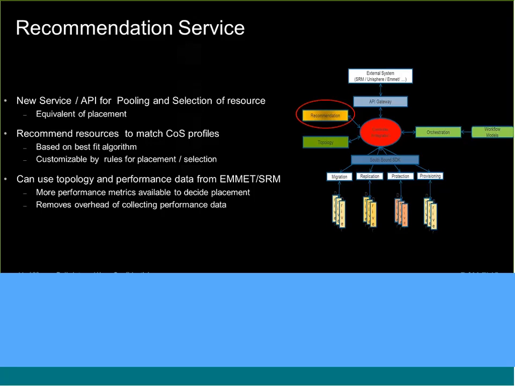If I give my profile called Platinum profile, it should be able to tell me which resources will be best suited for this operation. That's the whole idea of the recommendation service. You give the class of service as an input, and you get the output in terms of the most recommended resource for doing this operation, recommending resources to match the class of service profile based on a best fit algorithm.